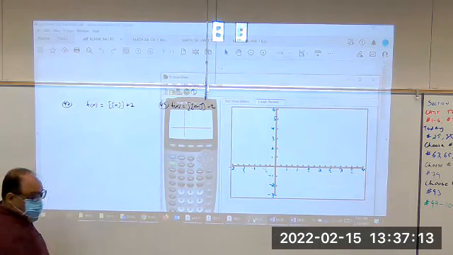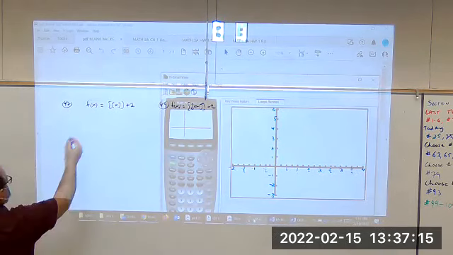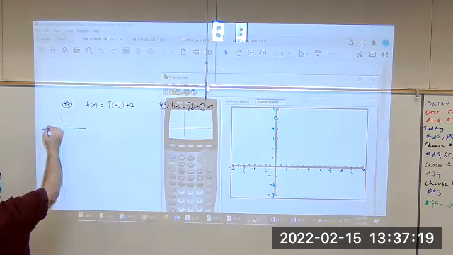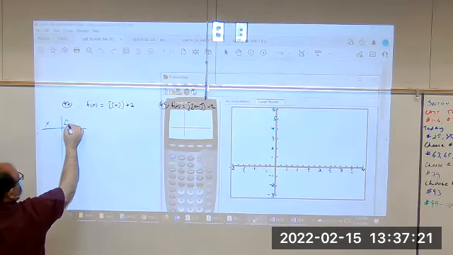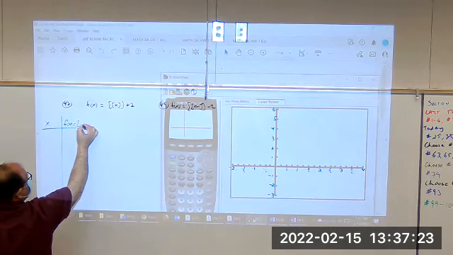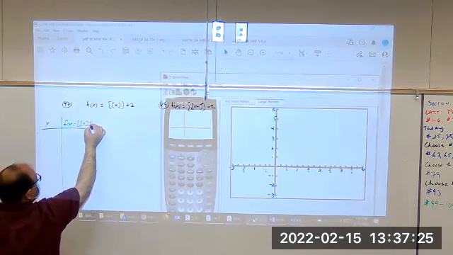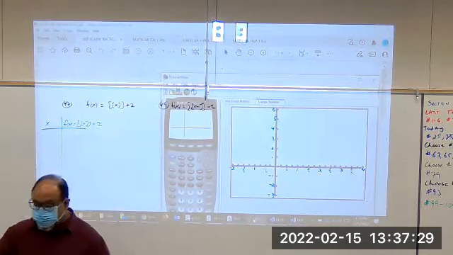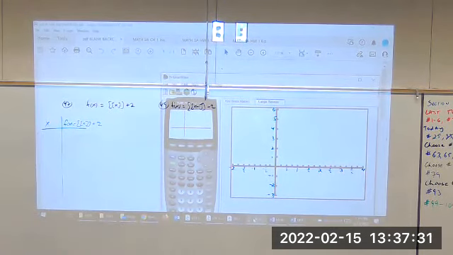So they want us to sketch by hand. So here's the hand, we're sketching by hand. You have a table. Plug in x's into f of x is equal to the step of x plus 2. Step of x is the greatest integer such that it is less than or equal to x. The greatest integer that is less than or equal to the number you're plugging in. Okay.